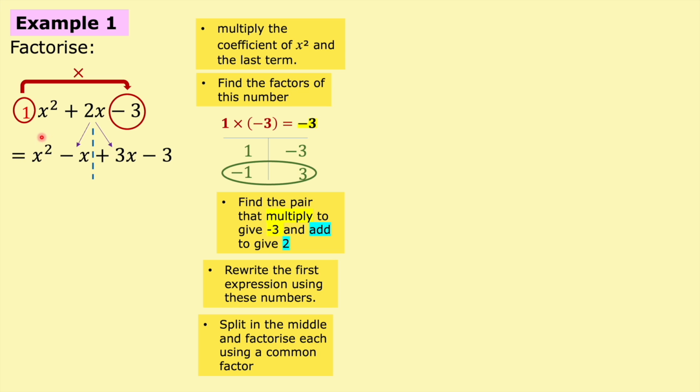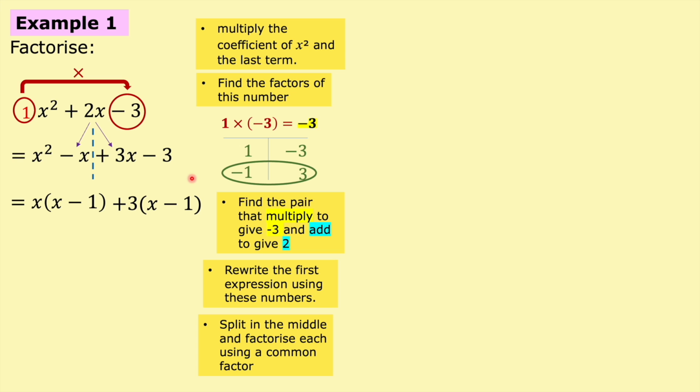We take out a common factor of x to get x, and then x times x gives us x squared, then x times negative 1 gives us negative x. Then we factorise the second part, and this time our common factor will be 3. 3 times x gives us 3x, and then 3 times negative 1 gives us negative 3. So we need to use our skills of factorising using a common factor for this line.